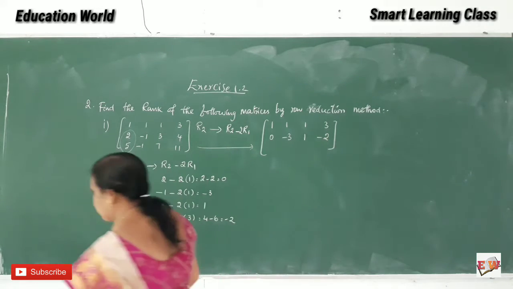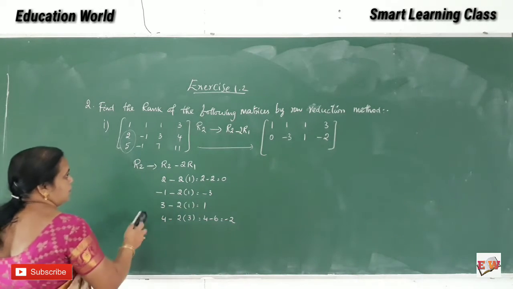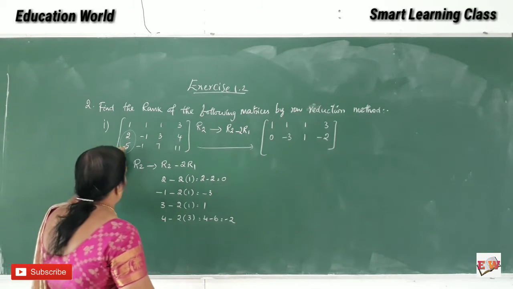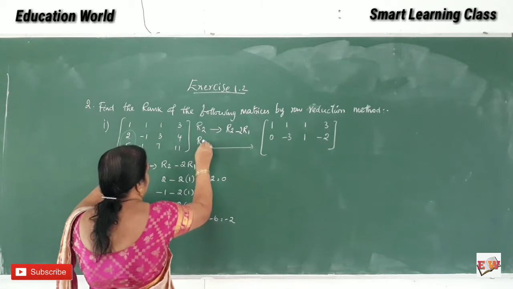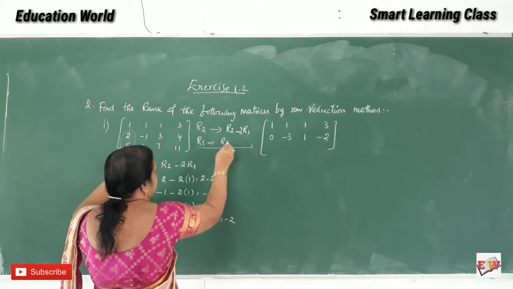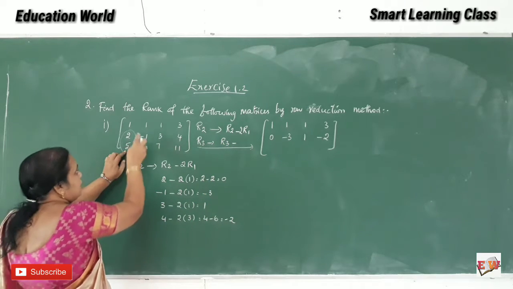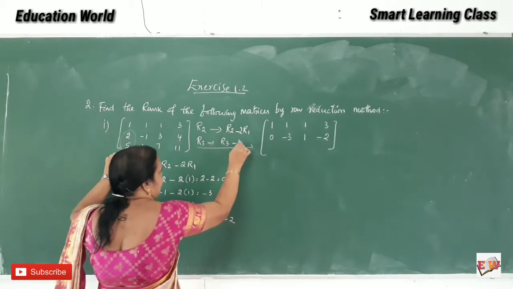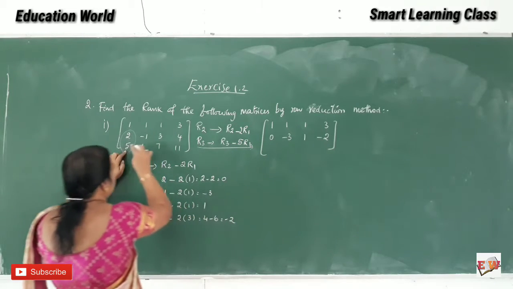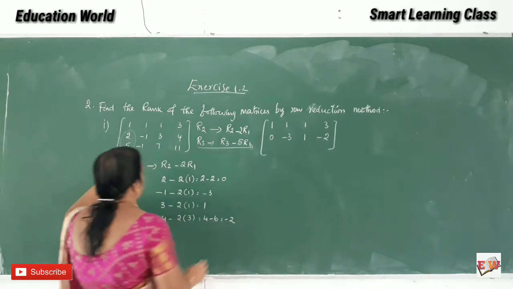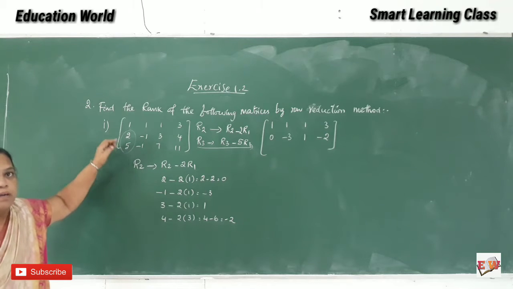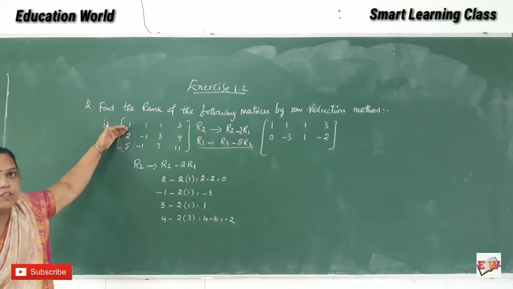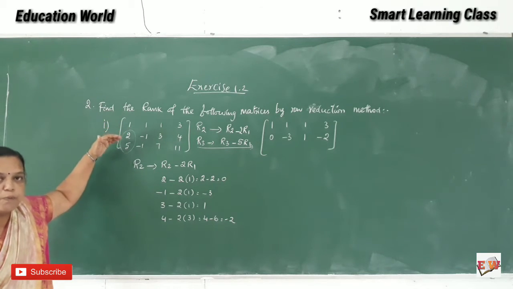Next one. See this R3: R3 minus 5R1 means we get the value 0 here. What is our main aim? Below the pivot element all the entries should be 0.